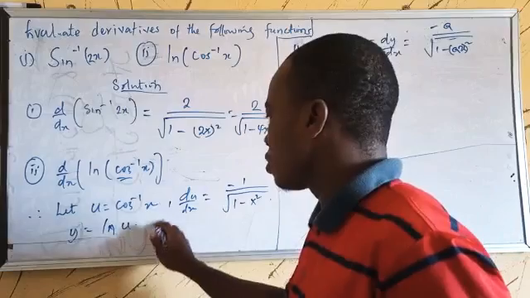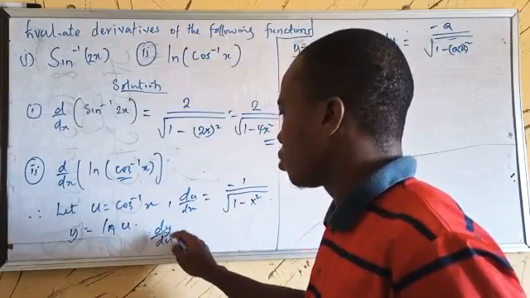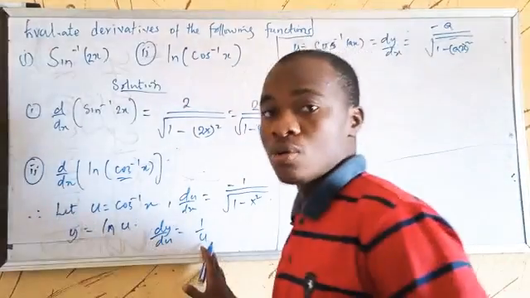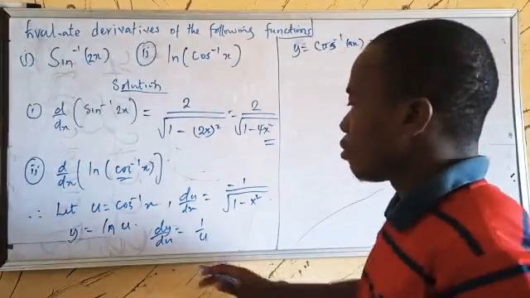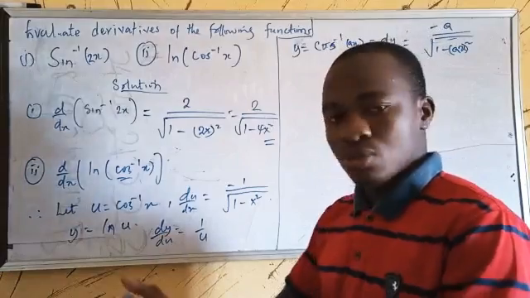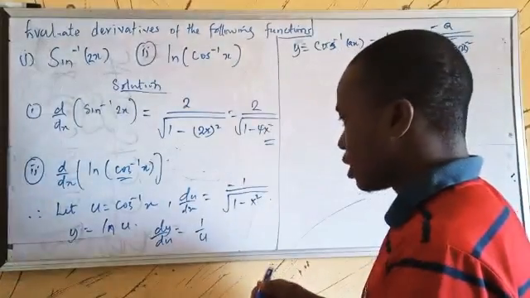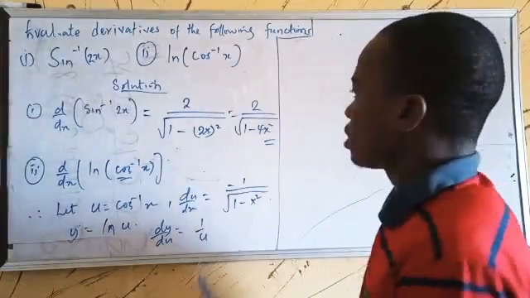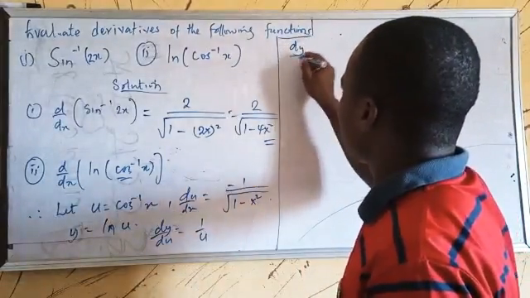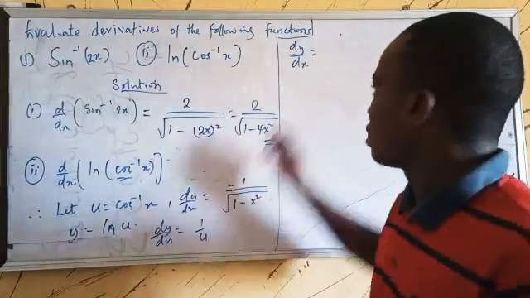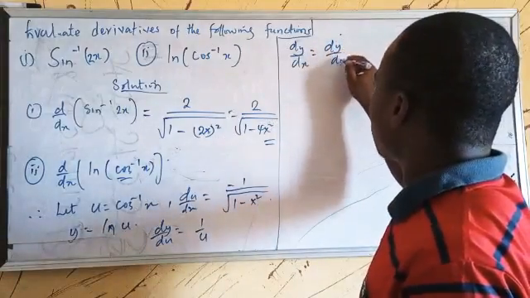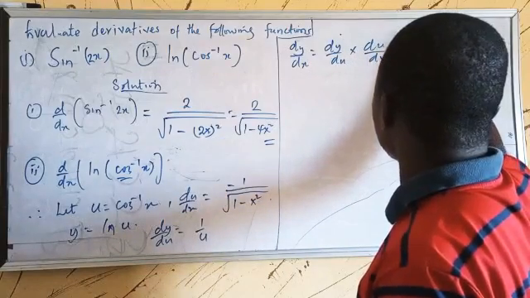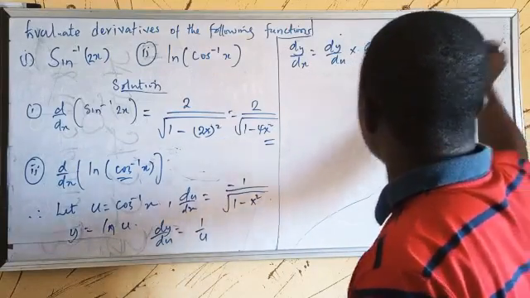And also dy/du will be equal to 1 over u, because ln u will give us 1 over u. So now if we are trying to merge this together, dy/dx will now be dy/du multiplied by du/dx. That is the chain rule formula.